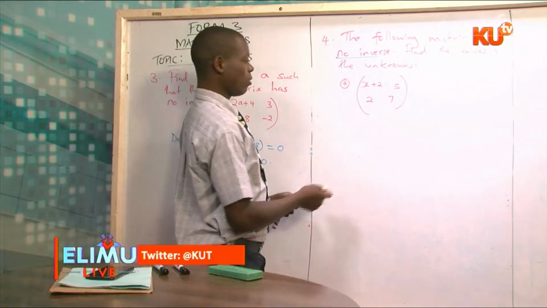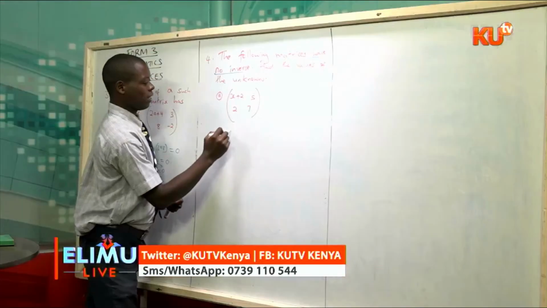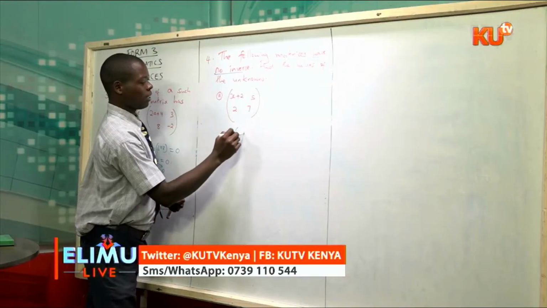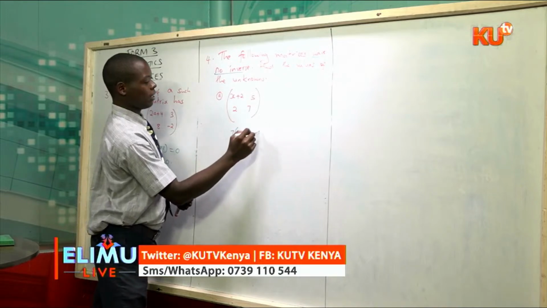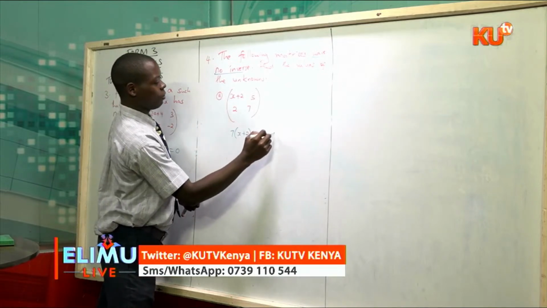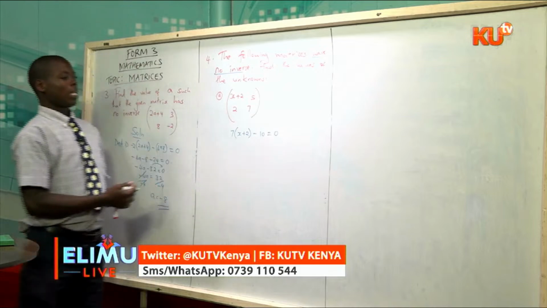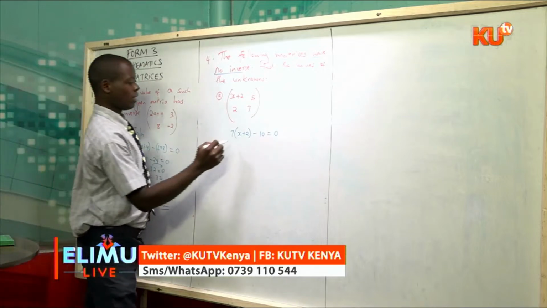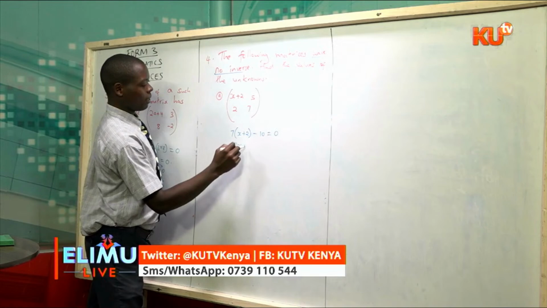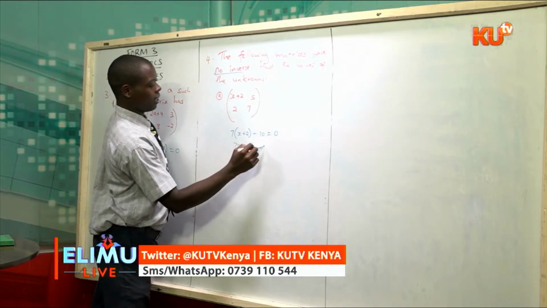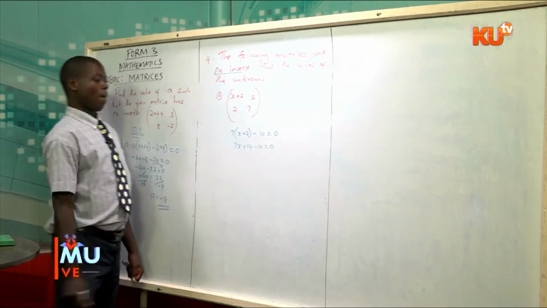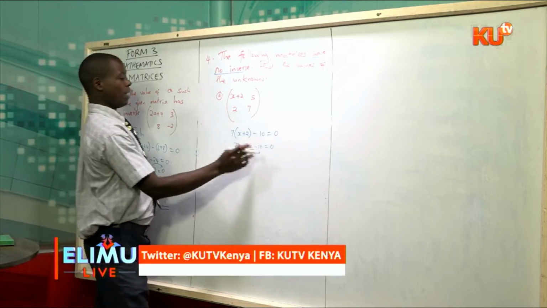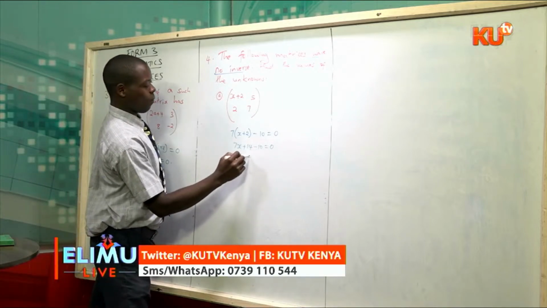So students, let's do the multiplication. 7 times X plus 2 minus 10 is equal to 0. So this gives us 7X plus 14 minus 10 is equal to 0. 14 minus 10 is 4.